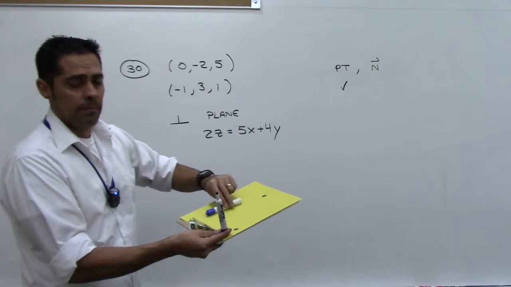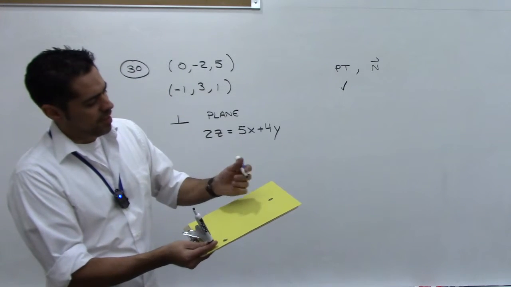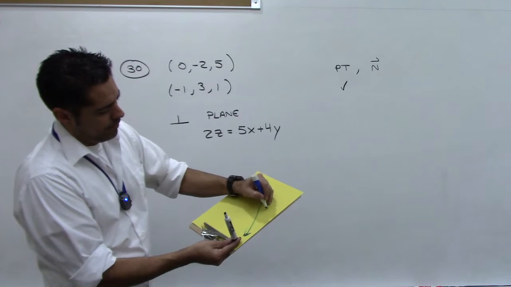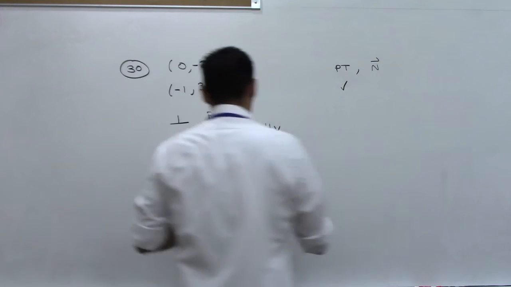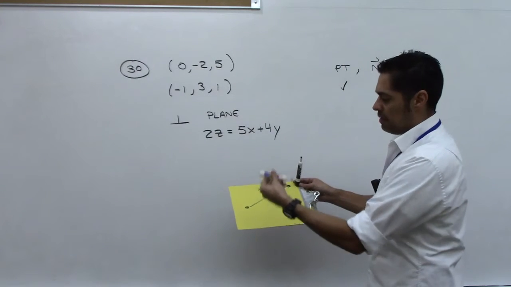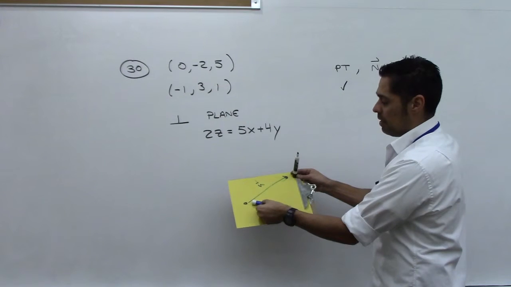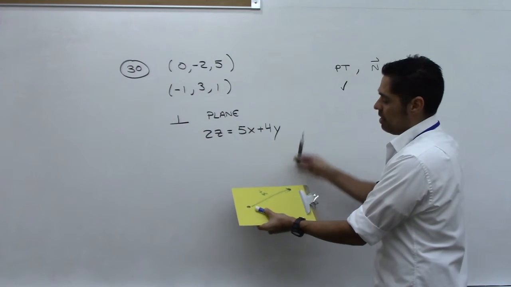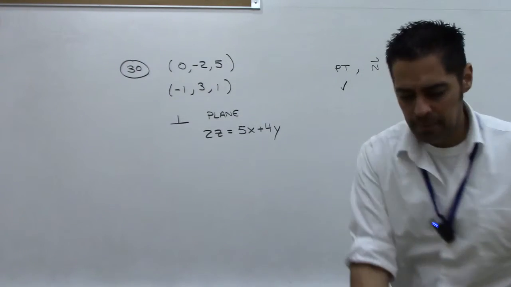I can connect these 2 points together and create a vector which I'll call u. And remember, I've got the normal vector from the perpendicular plane. If I take those 2 vectors and I cross them, I will create this normal vector. I hope that makes sense.